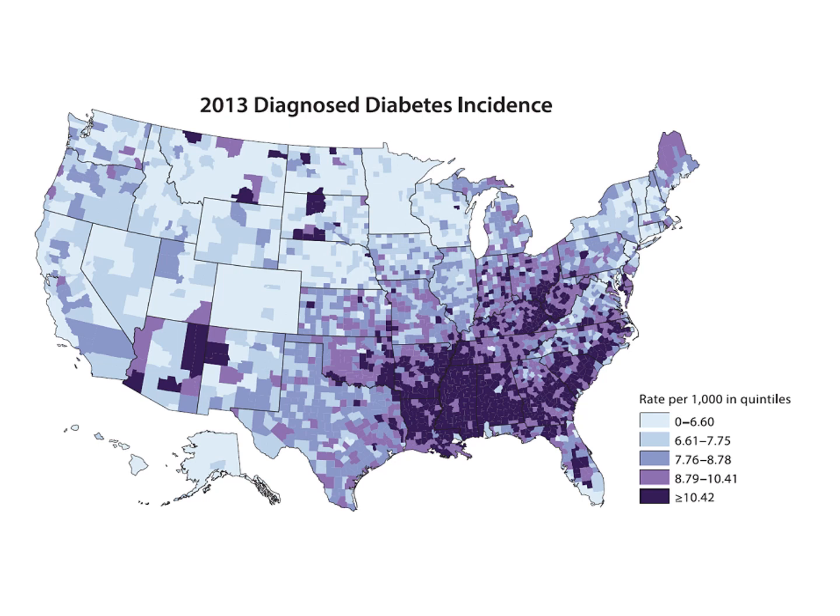The highest burden of diabetes appears to be in the Southeast United States. But you can see that there are high pockets of diabetes throughout the continent. The darker the county, the higher is the incidence, and they're showing you the rate of diabetes per 1,000 individuals.